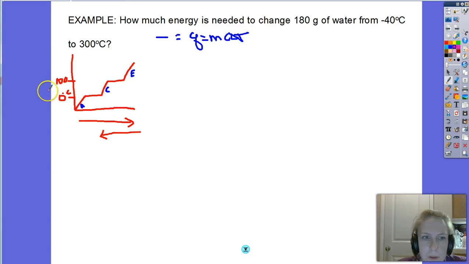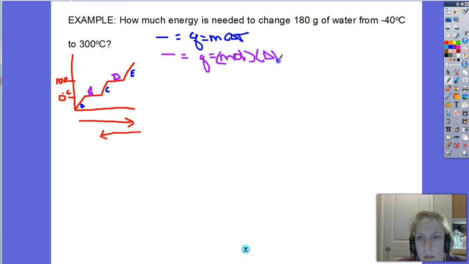And now our purple, so we have our B and our D. This is going to be our Q equals moles times the molar heat of our phase change, so either vaporization or melting.